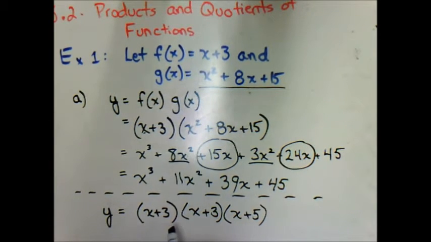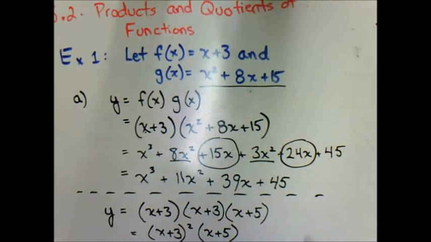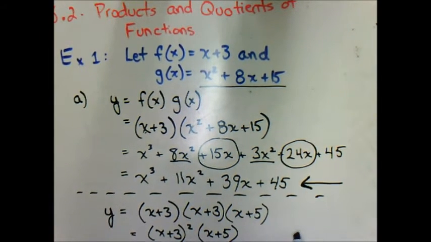And now I can see that I have two binomials that are the same. So I have x plus 3 squared times x plus 5. And using the information that we have from both of these equations, we should be able to draw a fairly accurate graph.